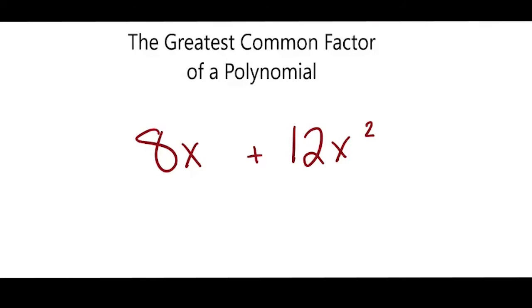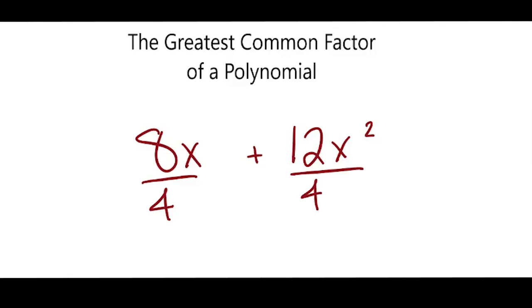Here I have 8x plus 12x squared. So what can I divide them both by? If I look at my coefficients, I have an 8 and a 12. I can divide both of those by 4. That's the biggest number that I can divide them both by. Be mindful to always try to divide by the biggest number you can.